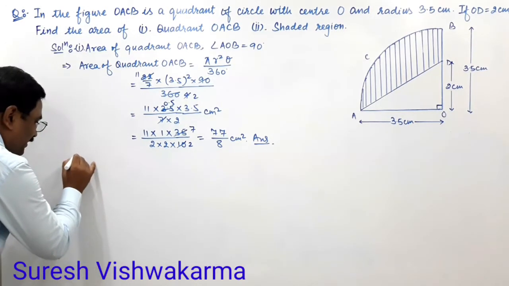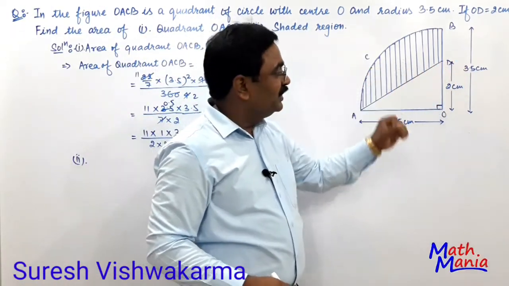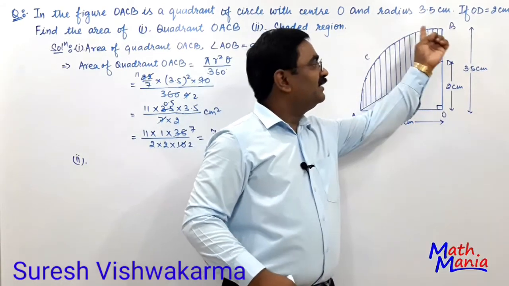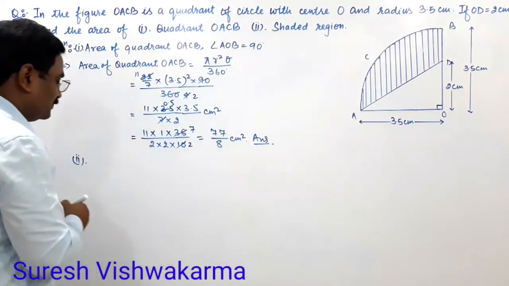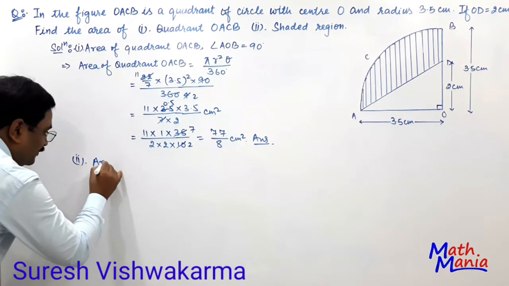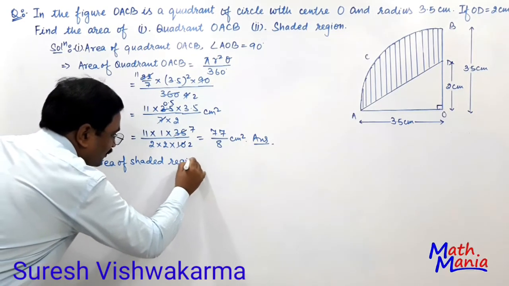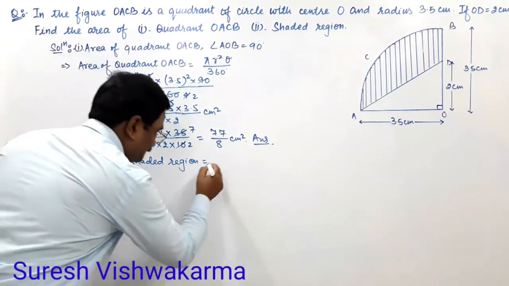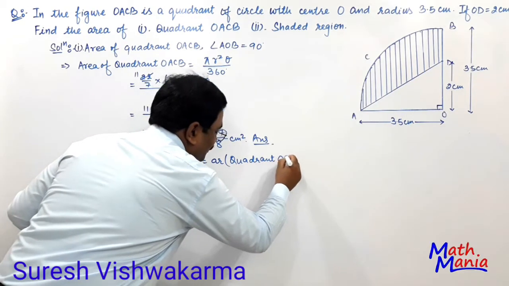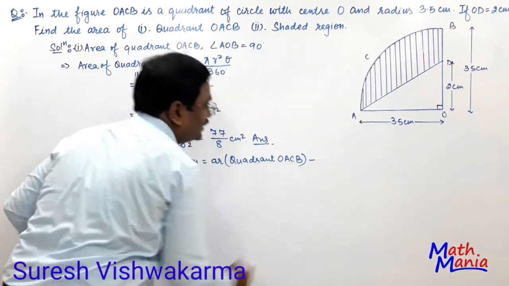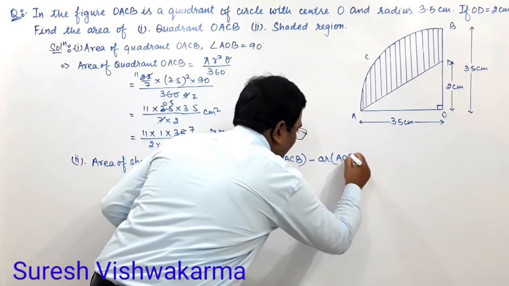To find the area of this shaded region, we need to find the area of this triangle and subtract it from the area of the quadrant, right? So the area of the shaded region is equal to the area of quadrant OACB minus the area of this triangle AOD, right?